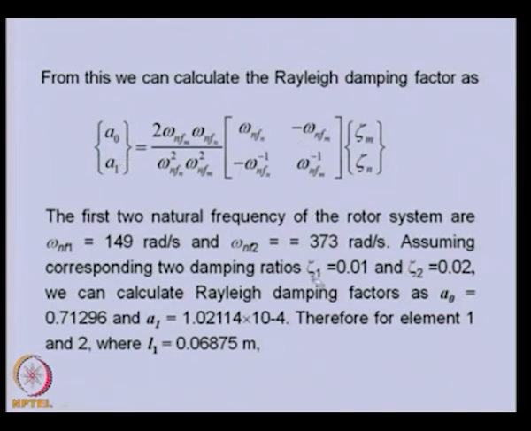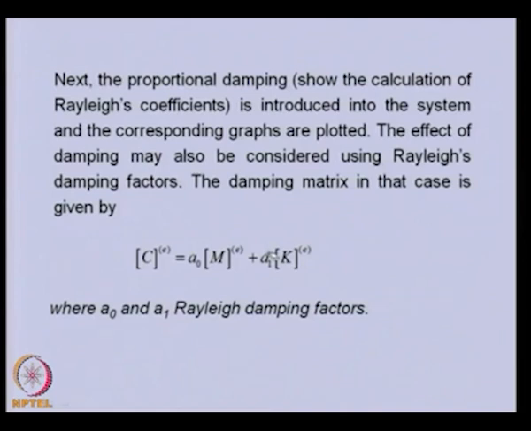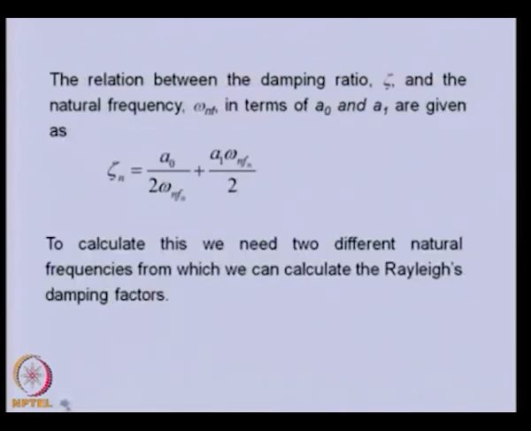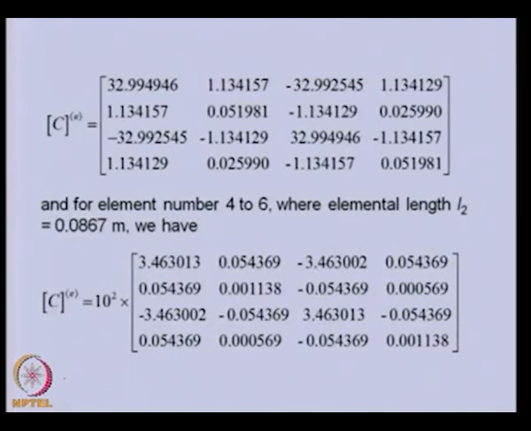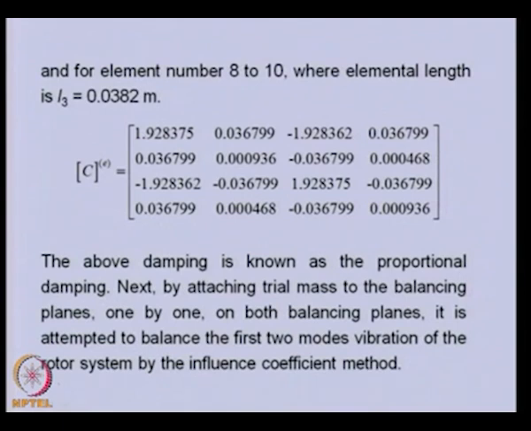We have chosen this damping ratio for the first mode and second mode like this. Correspondingly, we can get these two factors. Once we have these factors, we can generate the damping matrix in terms of the mass and stiffness matrices. So, this is the damping matrix for elements 1 and 2, then this is for 4 to 6 and this is for 8 to 10.